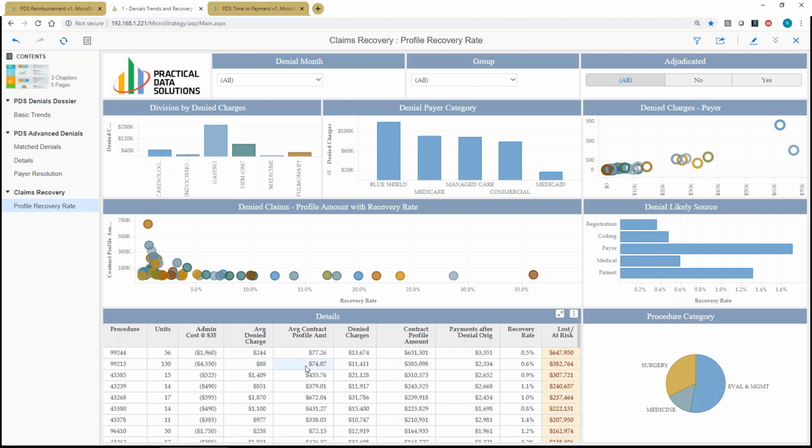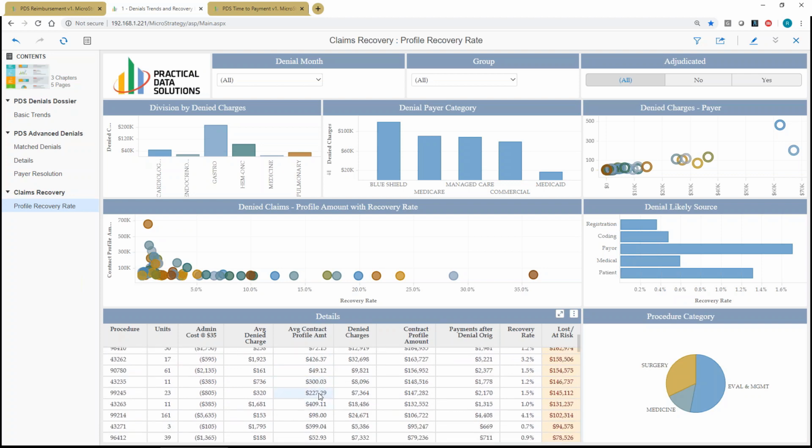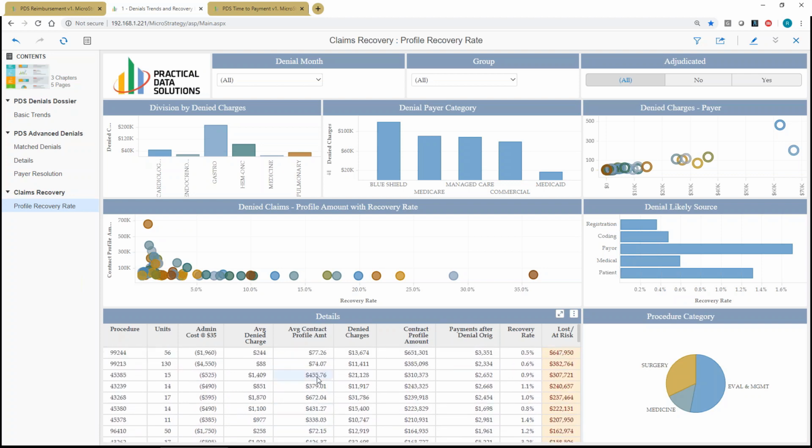I think it is very helpful, and really what we've done in this visualization is we brought in a contract profile amount. And that profile amount is very beneficial for us to look at because we're not necessarily just looking at the volume of denied charges, but we can actually look at what we would expect to be reimbursed on a clean claim for those individual procedure codes.